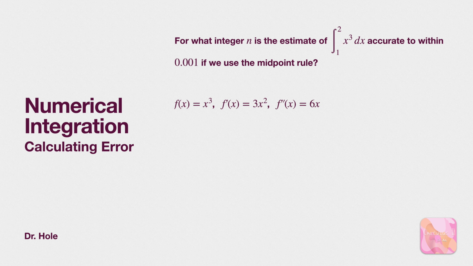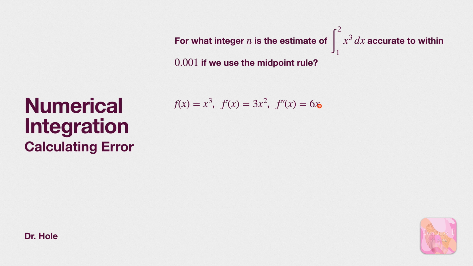Well, remember that that estimate relies on knowing the second derivative. So the first thing we'll do is we'll grab this integrand, f of x being x cubed, take a first and then second derivative of f of x. To compute capital M, we want to consider f double prime over the interval 1 to 2. 6x is an increasing function.